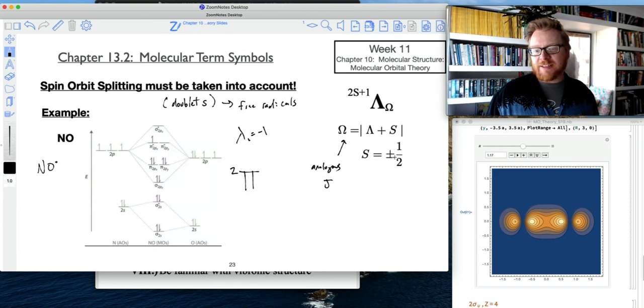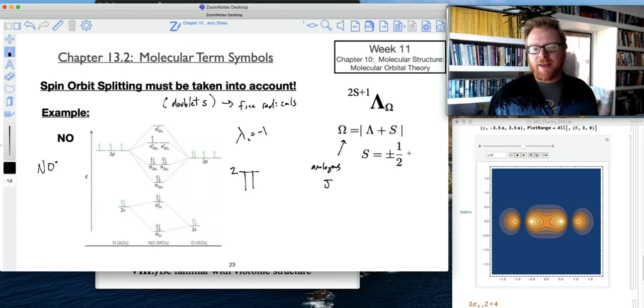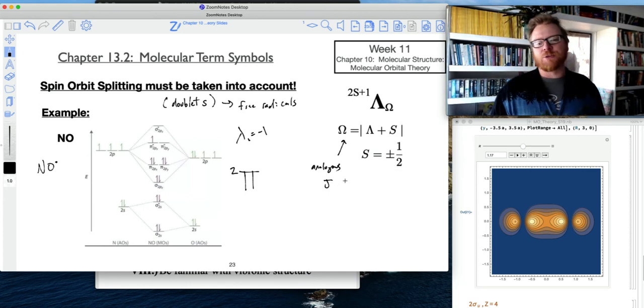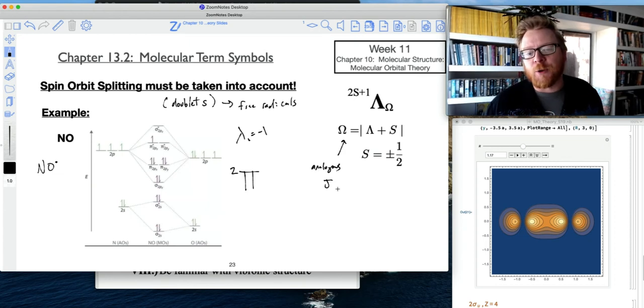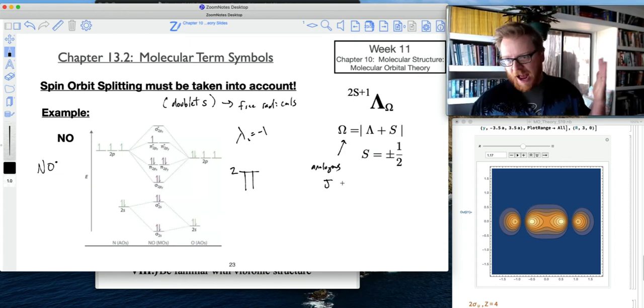Because S can be plus or minus 1/2, what ends up happening is we're going to get two possible omega values, just like we see two possible J values, right? There's the high J and the low J. We're going to have the high omega and the low omega, okay?